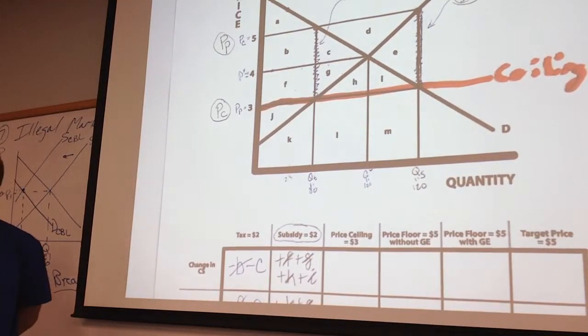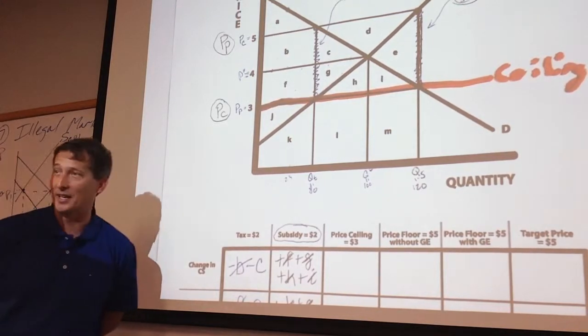F, G, H, and I? That's wrong. ABF. Okay, what's ABF? Is that the change, or what is it? You're on to something, by the way. That's the new one. Good.